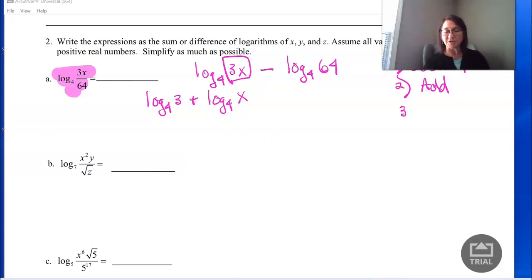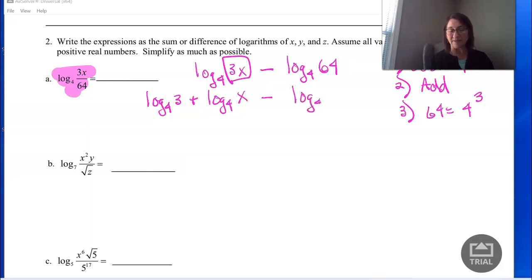Next, I am going to change 64 to exponential form. That is 4 raised to the 3rd. So that'll be minus log base 4 of 4 to the 3rd.